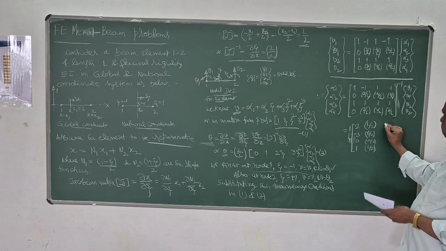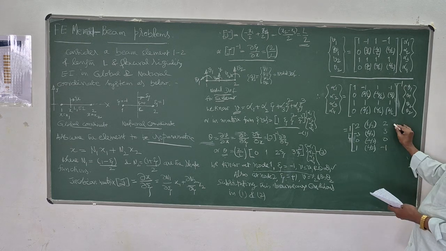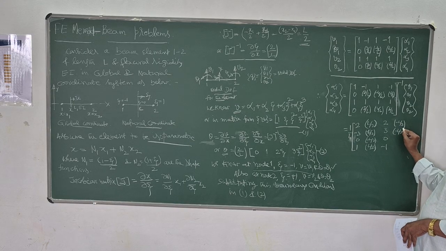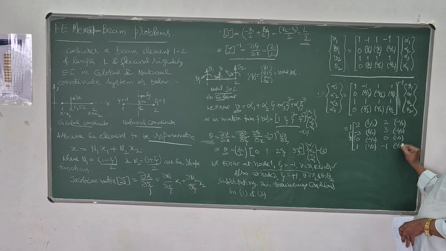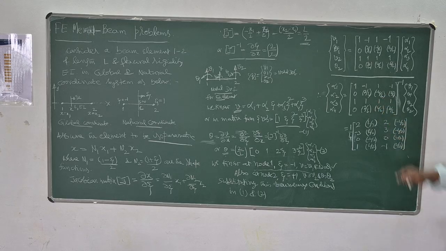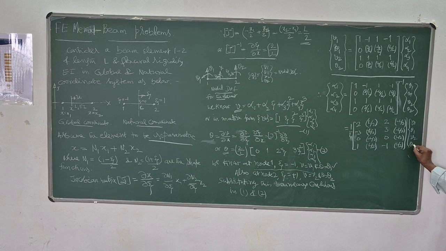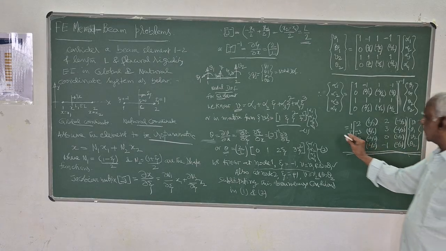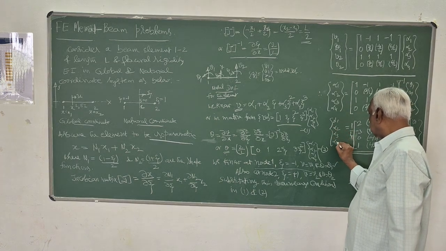Then you will have 2, 3, 0, minus 1, then minus L by 2, minus L by 2, then L by 2, L by 2. This is the inverse of this particular matrix. And of course, this v1, theta 1, v2, theta 2.